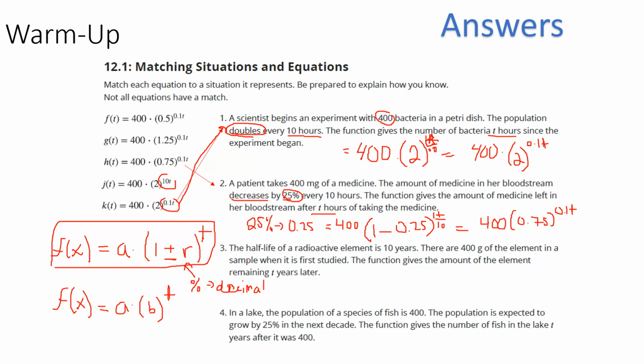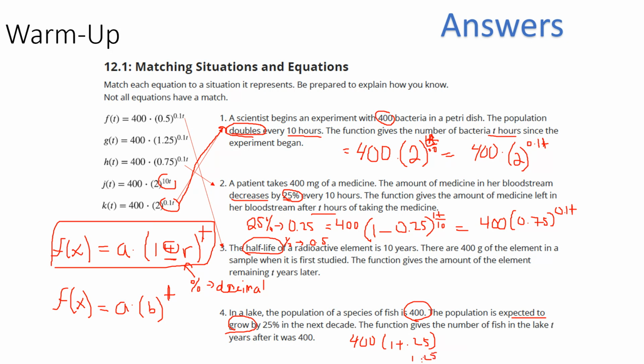Remember that half-life means half, so it's 1 over 2, which can be converted to 0.5, and that would be the F graph. Finally, in this case, the population starts at 400 and is expected to grow, which means we're adding 25%. So inside the parentheses, it would be 400 times 1 plus 0.25, which equals 1.25.